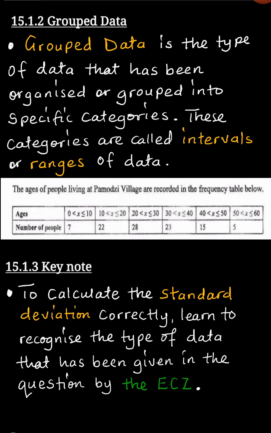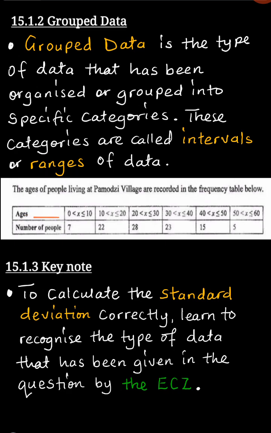Now, remember what I said? I said data is always found on the top part of the table that you are given, and then down there is always the frequency. So the frequency in this case is the number of people that have been given or recorded in this table.